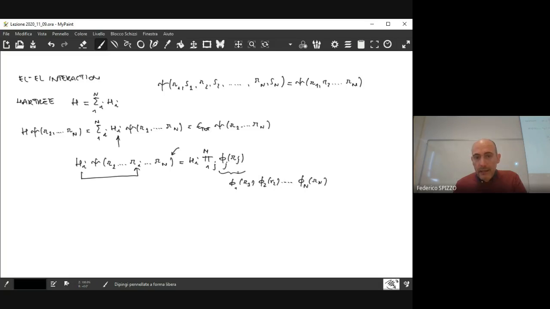So in this way, when you apply this Hamiltonian to this product, the result is that you have just the product from J that goes from 1 to N with J different from I, times the contribution of the application of the Hamiltonian to just one wave function.